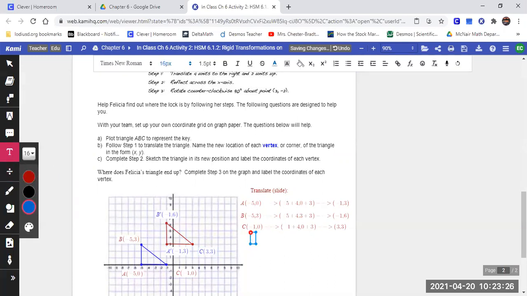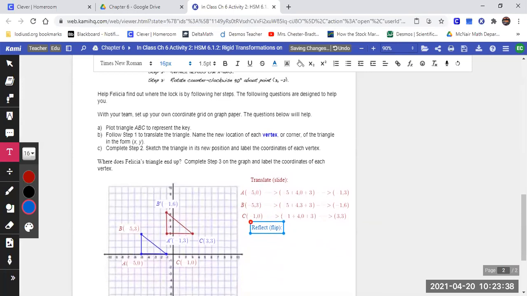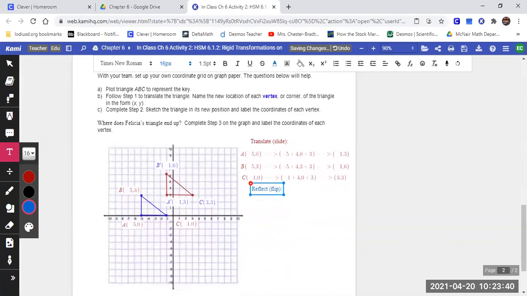So when we reflect, that's our flip, right? Which way is it telling us to reflect? Across the what? Across the what?